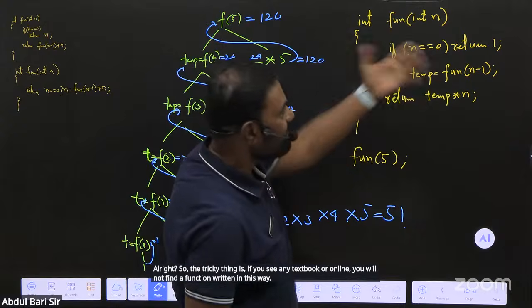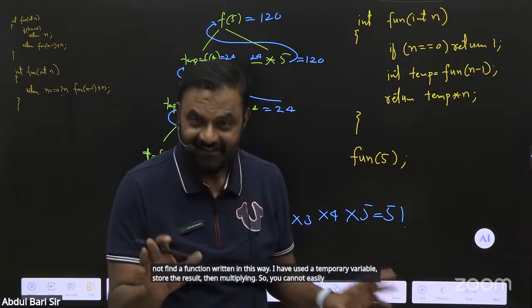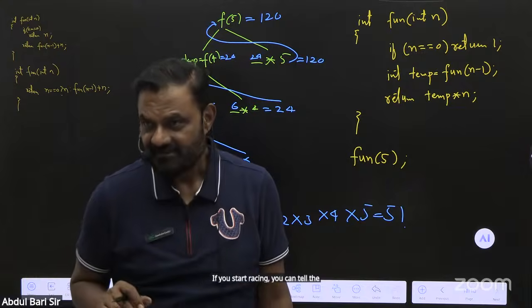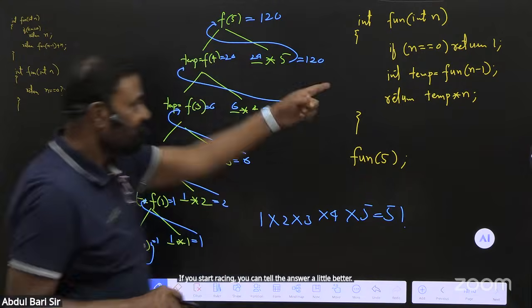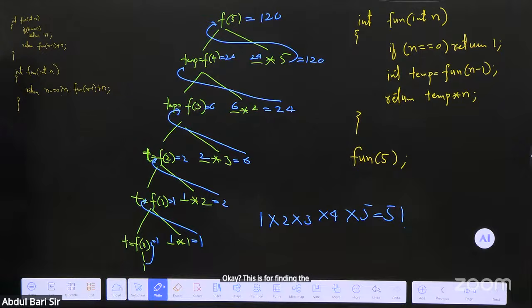I have used a temporary variable to store the result, then multiplying. So you cannot easily read and say what it is doing. If you start tracing, you can tell the answer. This is for finding n factorial.